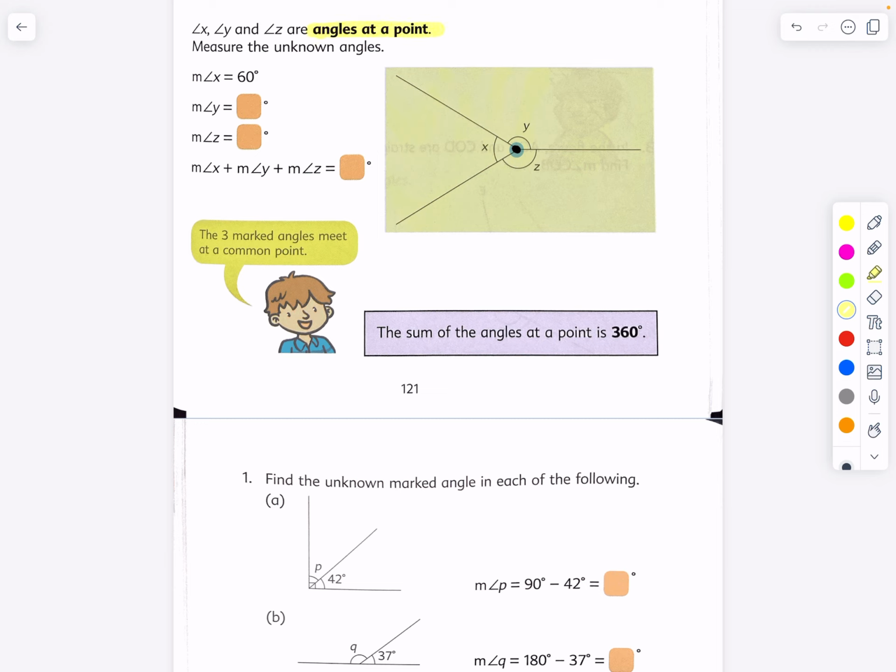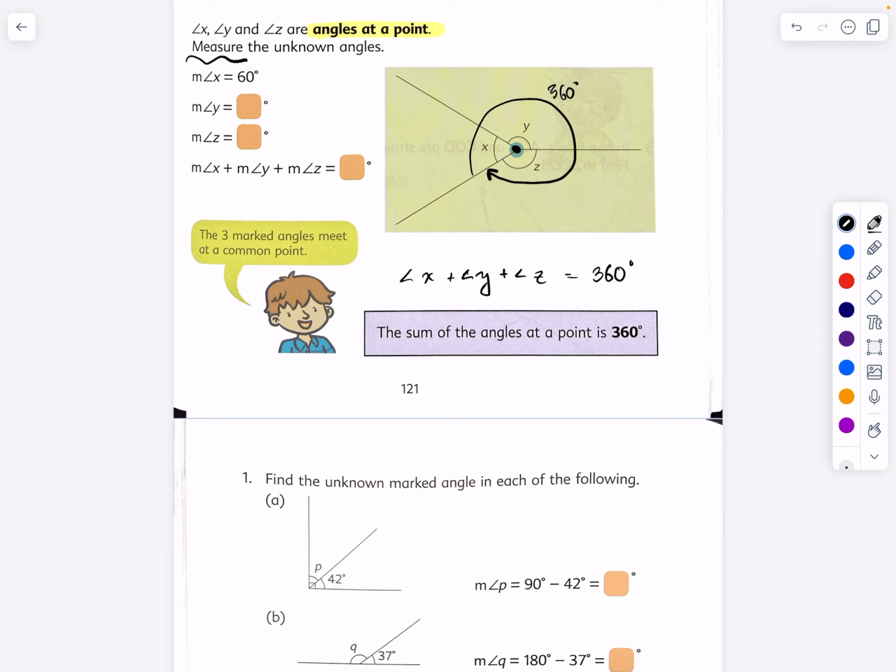Well, that just means that you have a common vertex and they are all kind of around each other. And for the angles at a point, we know the full circle is 360 degrees. Therefore, angle X plus angle Y plus angle Z must add up to 360 degrees.